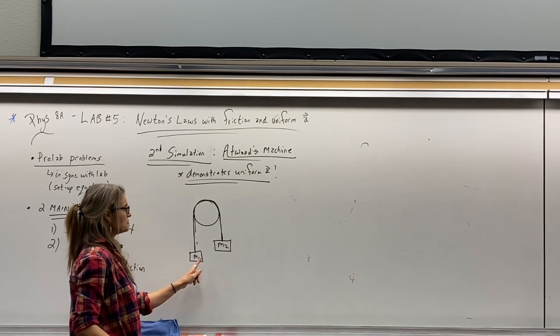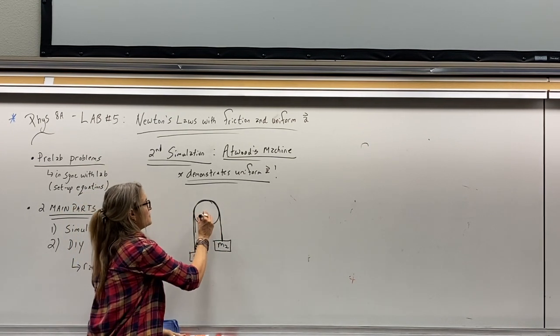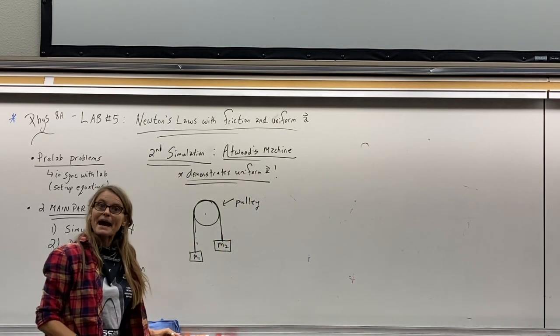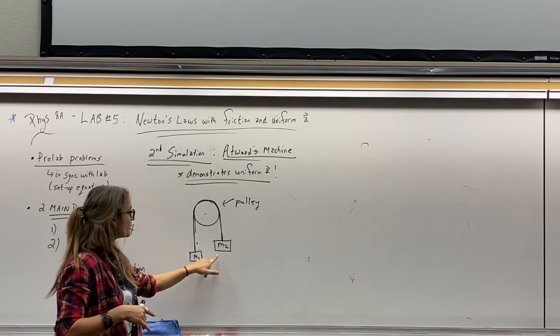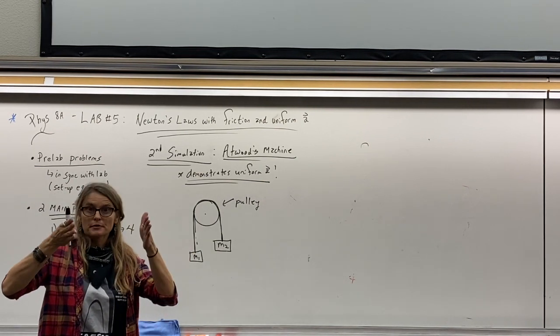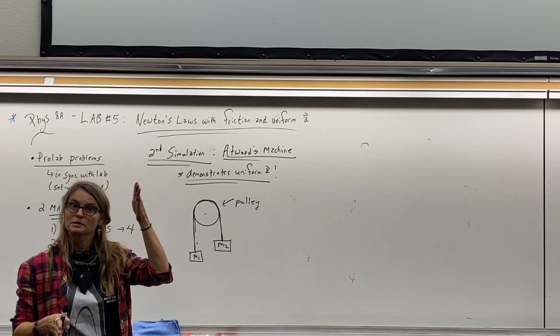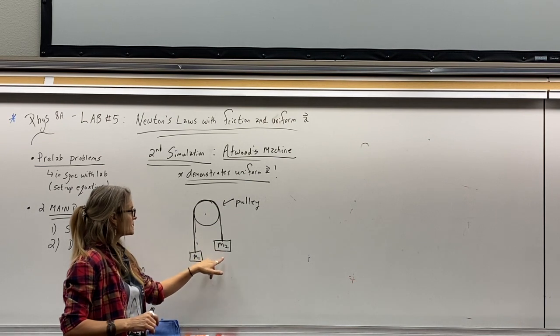Okay, so we have two masses connected via string or cord through this pulley. And depending upon the ratio of the masses and the value of the masses, we would see either no acceleration or acceleration towards mass 1 or acceleration towards mass 2. So this all depends upon what these mass values are.